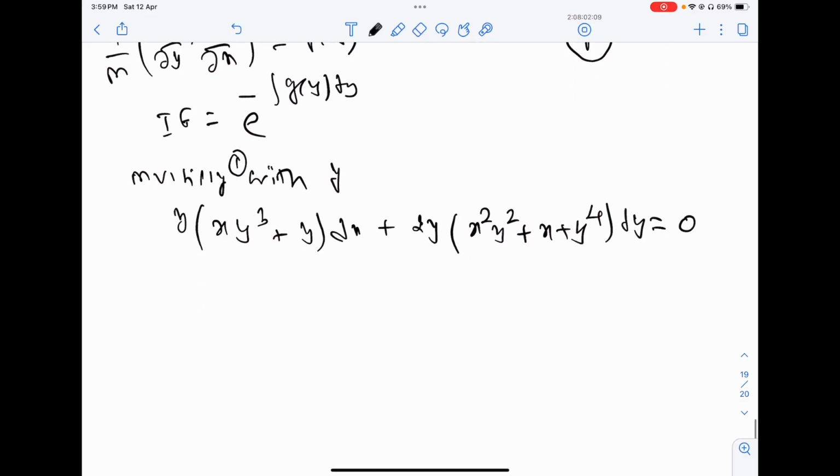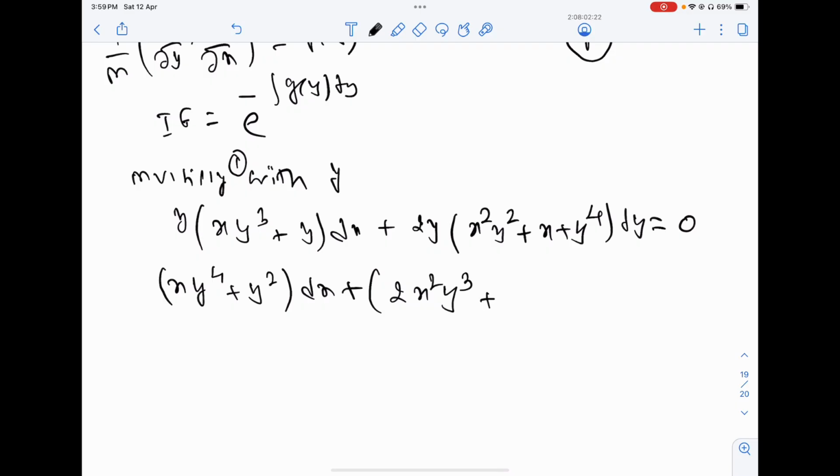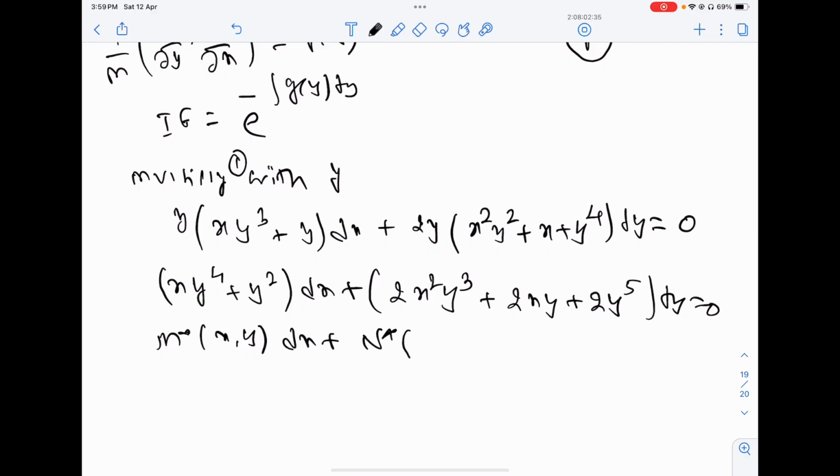So this is like xy power 4 plus y square dx plus 2x square y power 3 plus 2xy plus 2y power 5 dy equal to 0. And so this is of the form M star dx plus N star dy equal to 0.